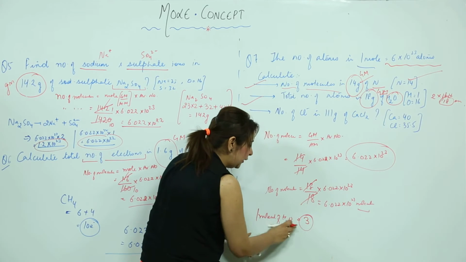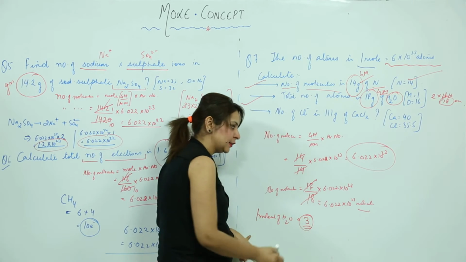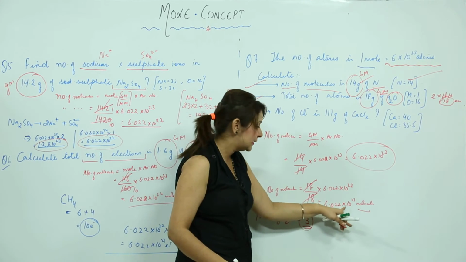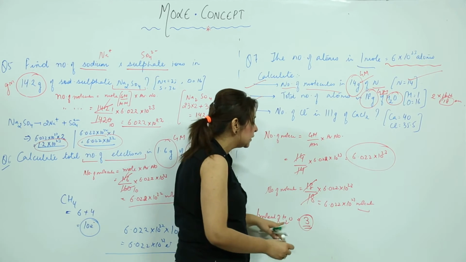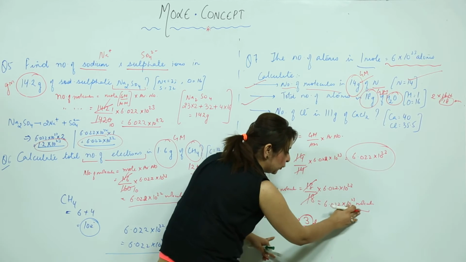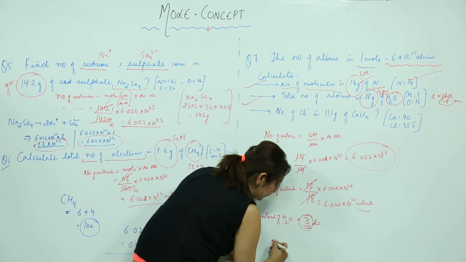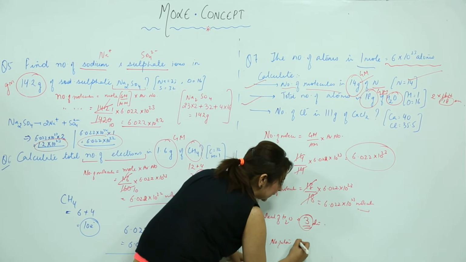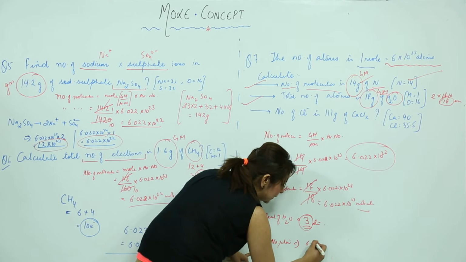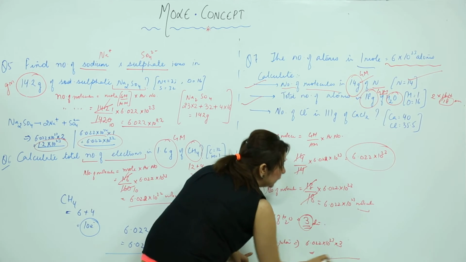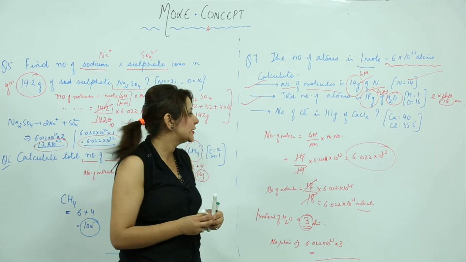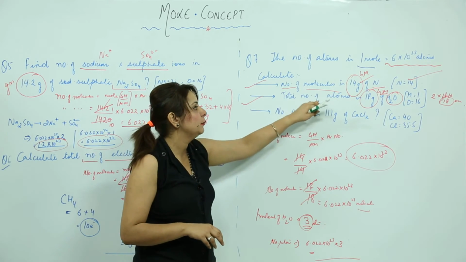So one molecule of H2O has 3 atoms, and there is a total of how many molecules? This much. So how many atoms are going to be there in this many molecules? Again you need to multiply. So the number of atoms present in this many molecules is 6.022 into 10 raised to power 23 into 3. This is how you are going to get the answer when somebody asks you about the number of atoms.